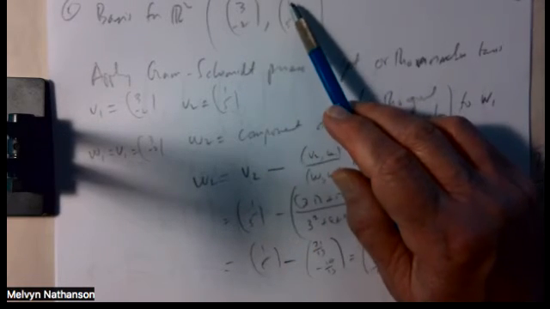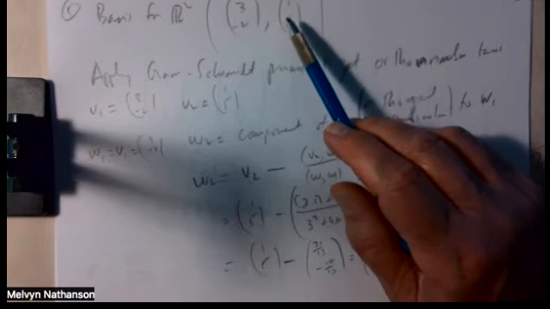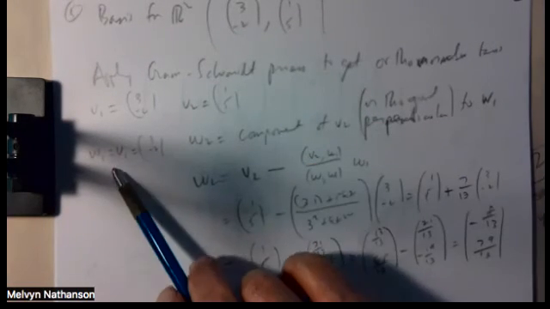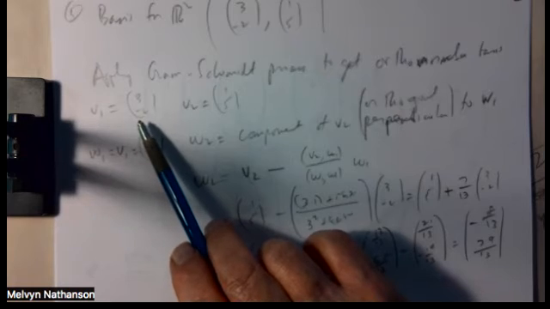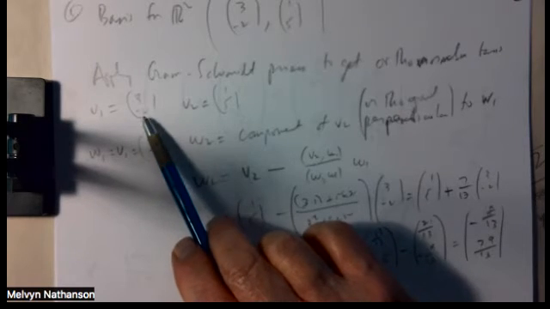The inner product of these two vectors is 3 minus 10, it's -7. And the length of the vector V1 squared is 13, 9 plus 4 is 13.